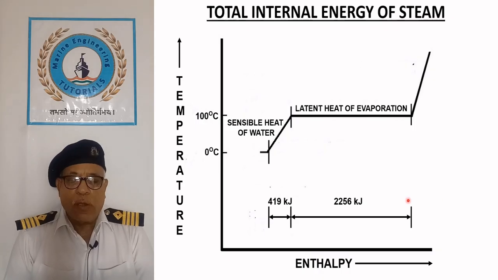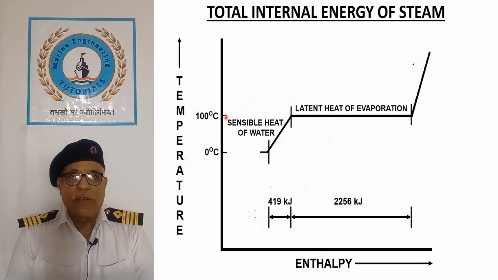When 1 kg of water is evaporated at atmospheric pressure, its temperature remains at 100 degrees Celsius. The steam produced absorbs 2256 kilojoule as latent heat, resulting in a specific enthalpy of 2675 kilojoule.